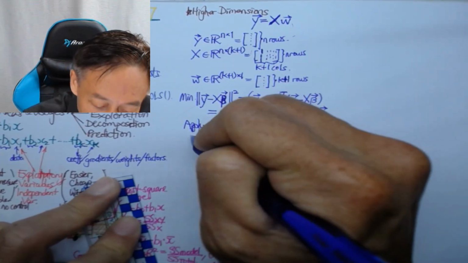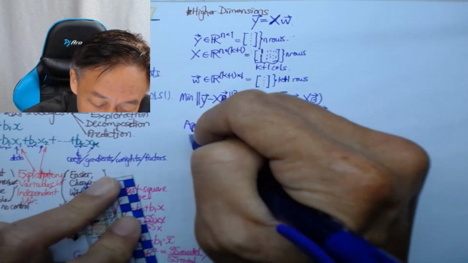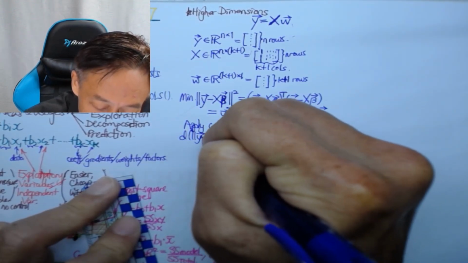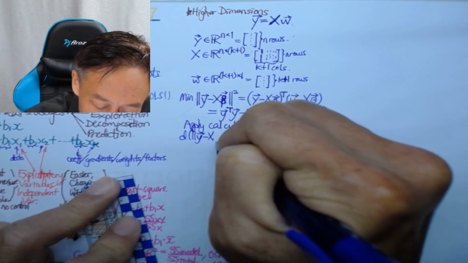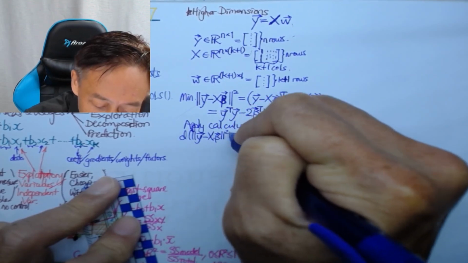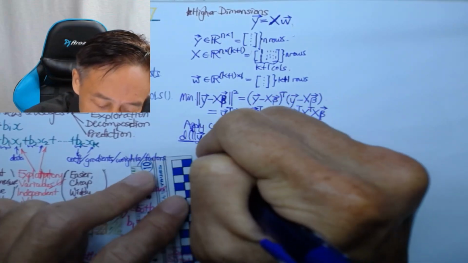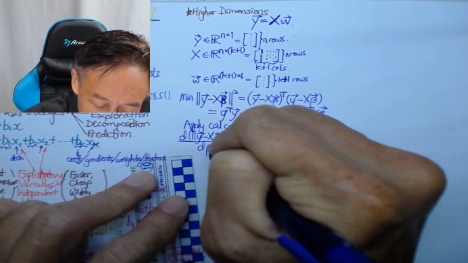So we are trying to take the derivative of this thing, the norm of the y vector minus X beta vector, squared, over d beta vector.